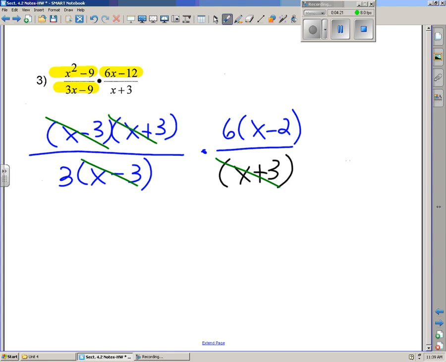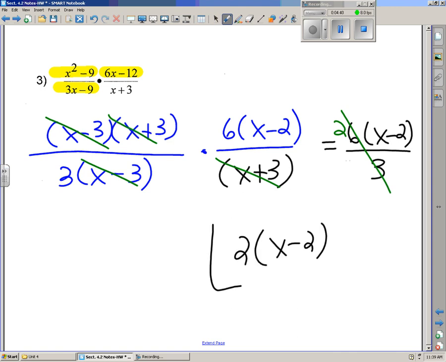What's left on the top is 6, x minus 2 over 3. But you've got two monomials that still can be canceled, these guys right here. 6 over 3 is just a 2. So your final answer becomes 2, x minus 2. And that's over a 1, but it's not necessary to put that.